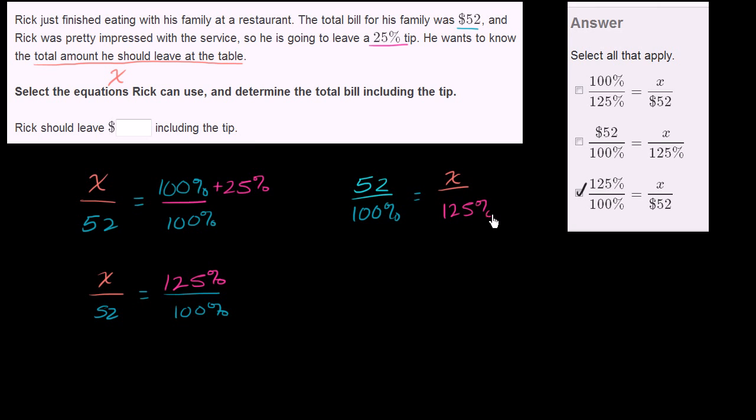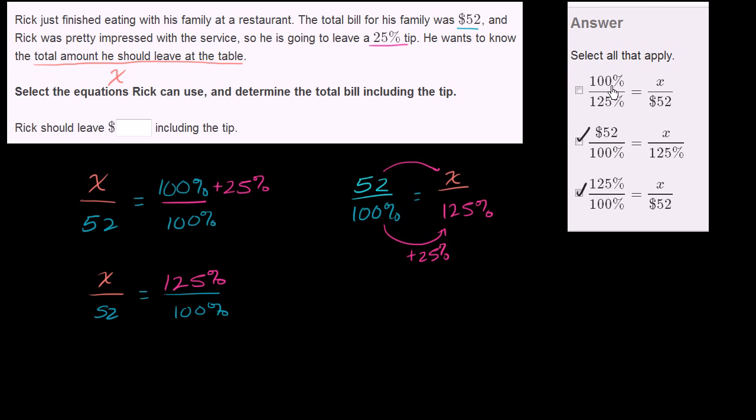So if you increased this by 25%, you're going to have to increase this by 25% as well to get the actual amount that you're paying. So this makes sense as well.